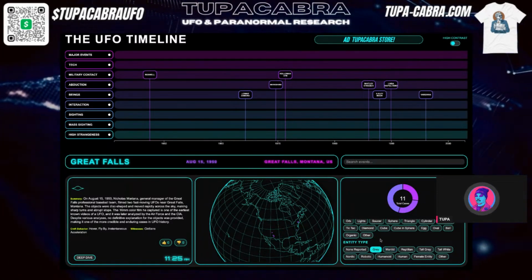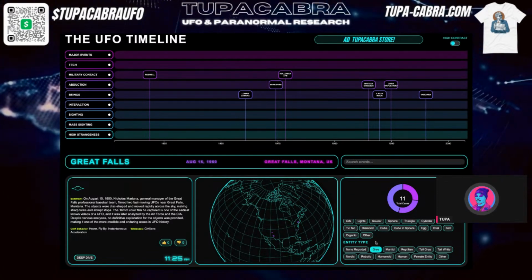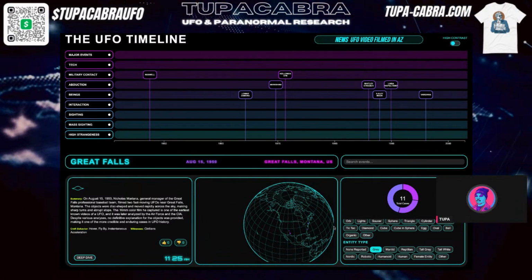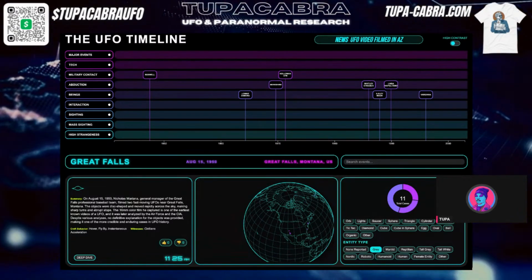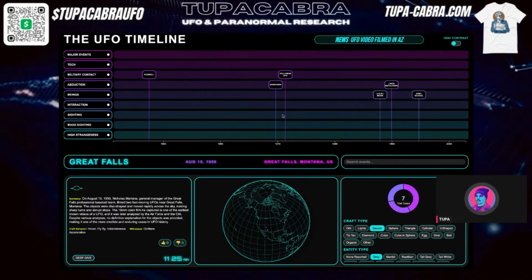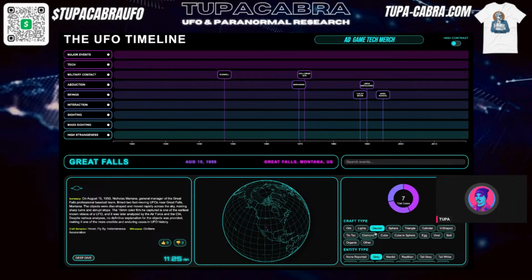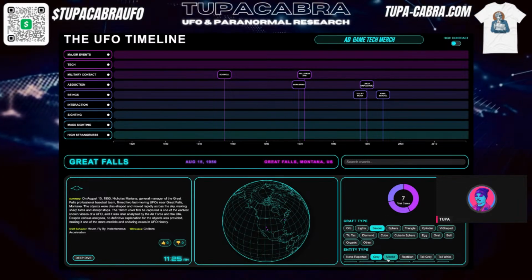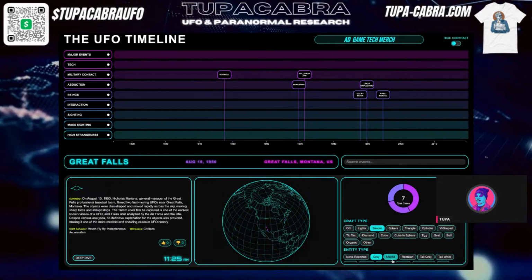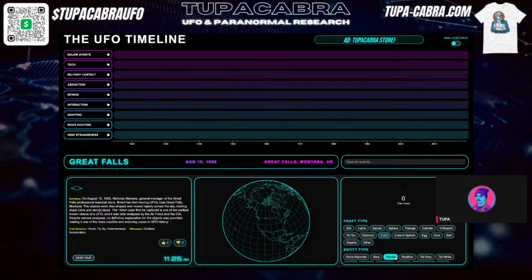All the toggle switches have the same function, so it should be fairly easy to navigate. You can, of course, stack them, so you can have grays and saucers. And obviously the numbers are going to shrink because you're narrowing down your search. And speaking of search, let's get to that next.